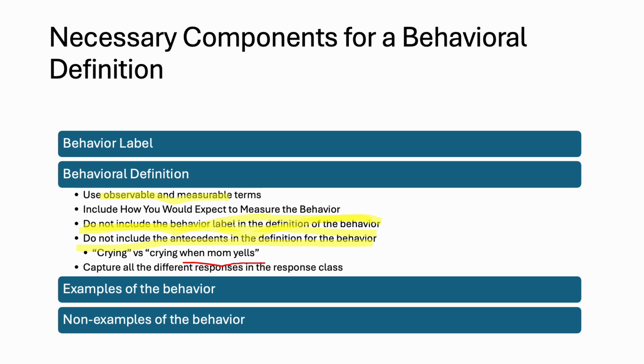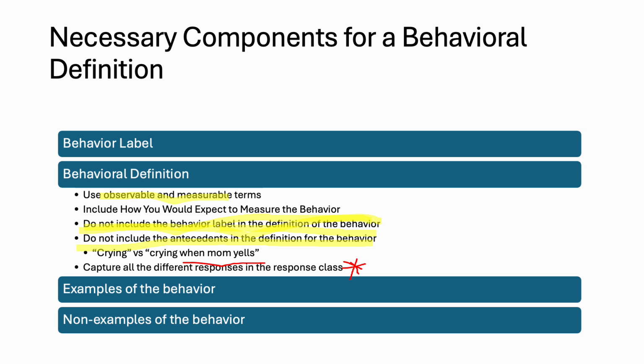And then this one is very important, and I find that it's also very difficult, which is that we need to make sure we're capturing all of the different responses that are in a response class. This one in particular is difficult because sometimes we don't know the function of a behavior. And when we don't know the function of a behavior, it's also sometimes difficult to know what all of the responses in the response class are.